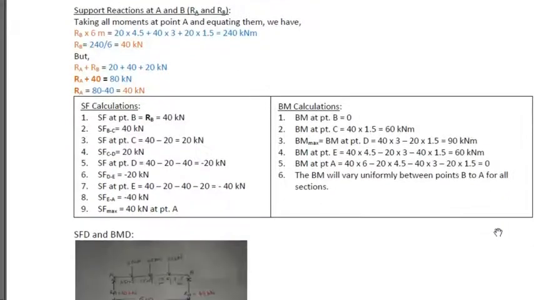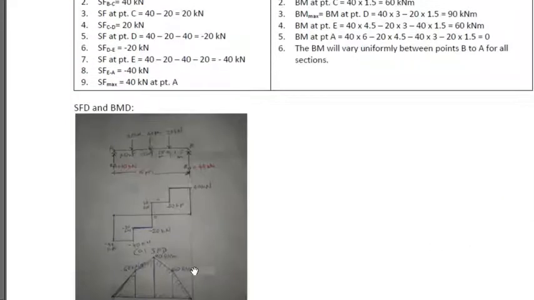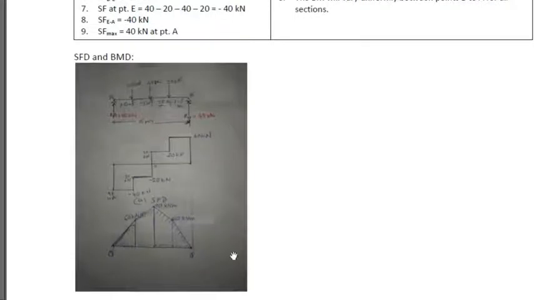So our shear force diagram is going to look like this. If you look at the shear forces at all the points, at point B it is 40, and it remains stable at 40 till point C. Here it comes down to 20 kilonewton, again it remains stable for this section CD, and here it comes down from 20 kilonewton to minus 20 kilonewton, passing through 0.